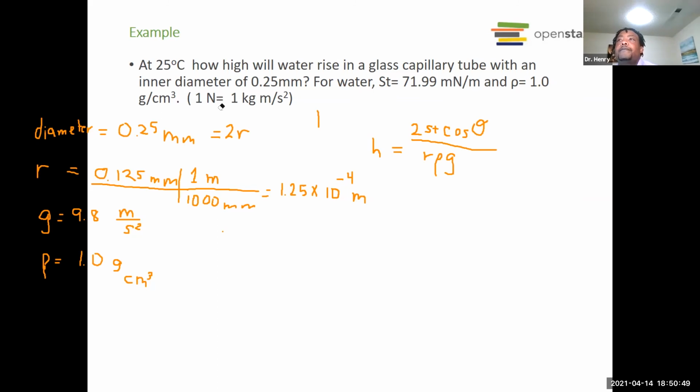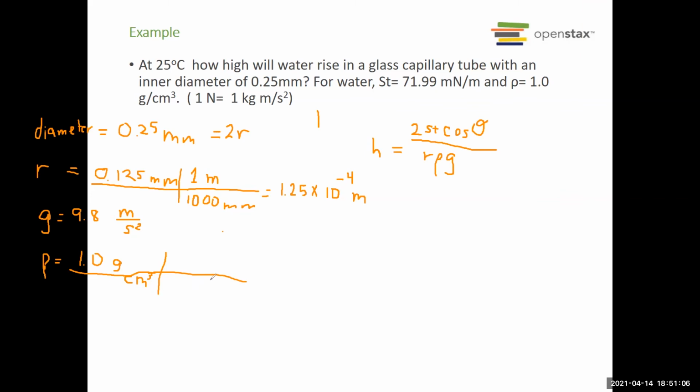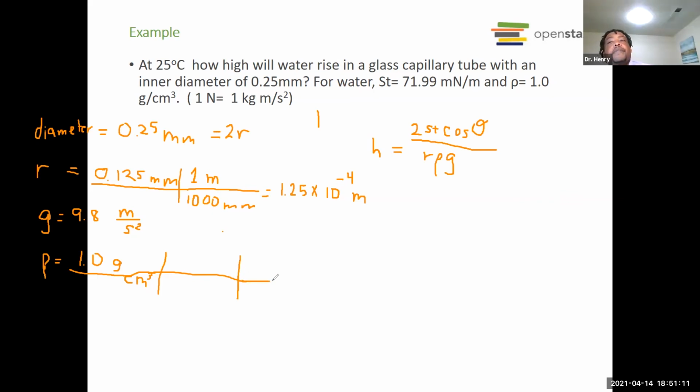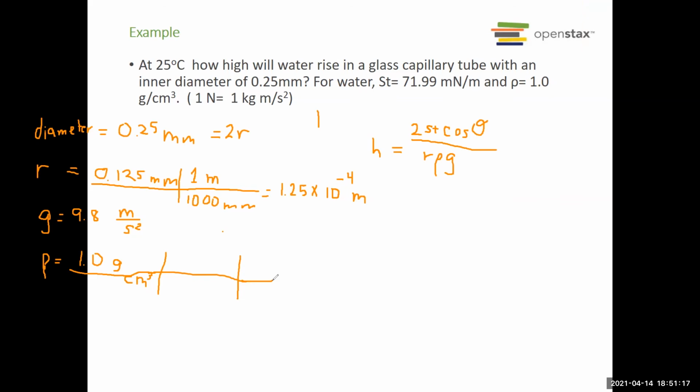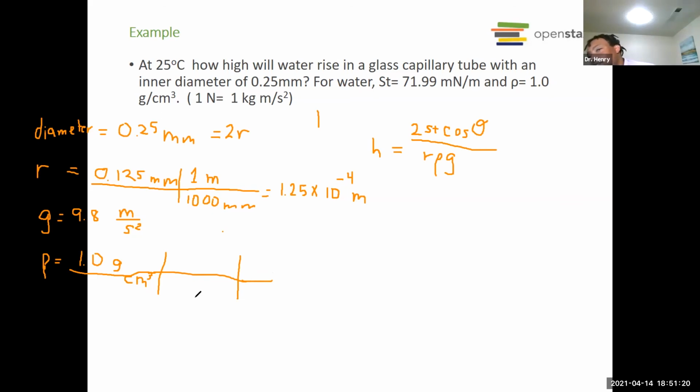How do I change that into kilograms per cubic meter? A kilo is not 100, it's a factor of 1,000. So 1,000 grams equals 1 kilogram.